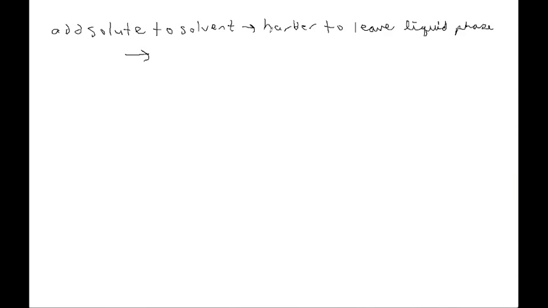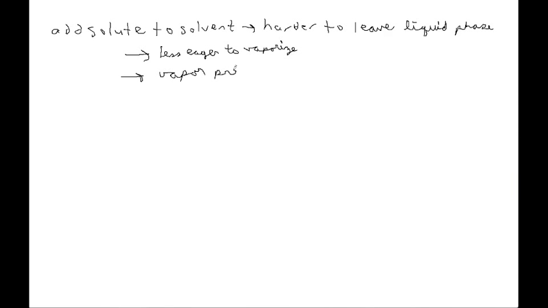So if you add solute to the solvent, would that make it more or less eager to vaporize? It's going to make it less eager to vaporize. So would you expect the vapor pressure to increase or decrease?